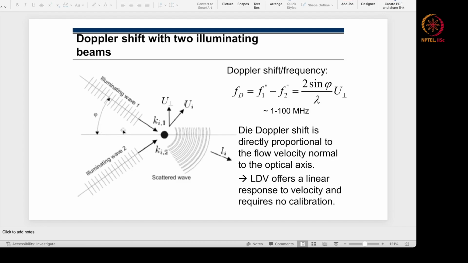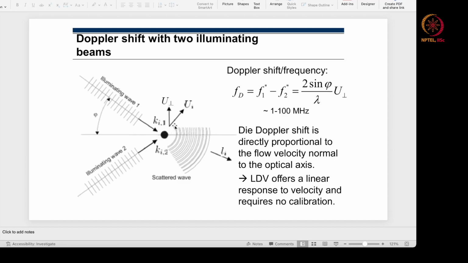Here you can see that this frequency comes out to be on the order of 1 to 100 megahertz, and there are photodetectors which can easily measure this shift in frequency. If we can measure this shift and we know the half angle between the two incident beams, you can calculate the velocity component perpendicular to this optical axis, right?